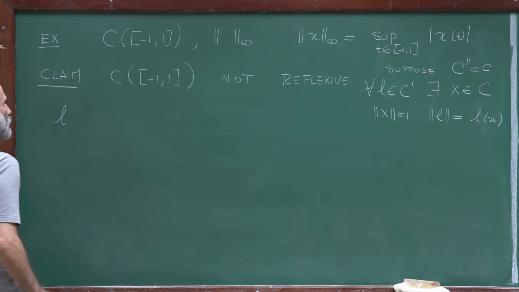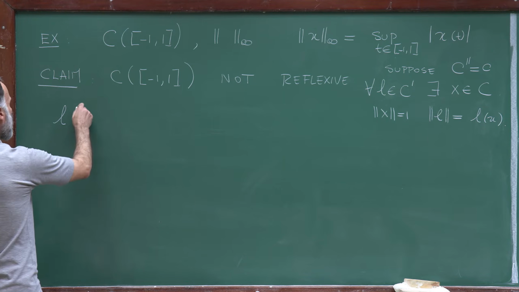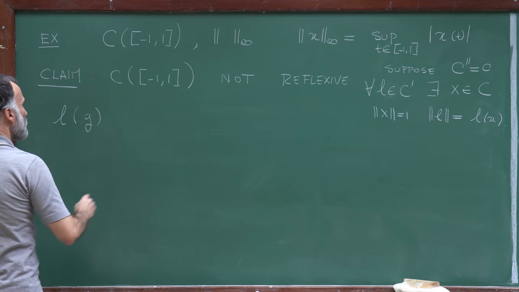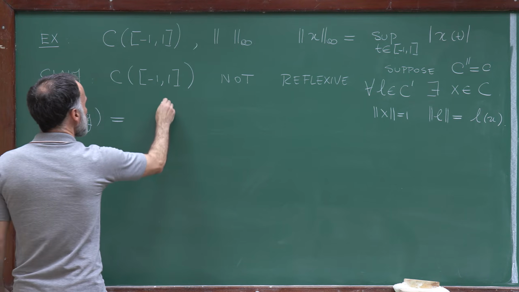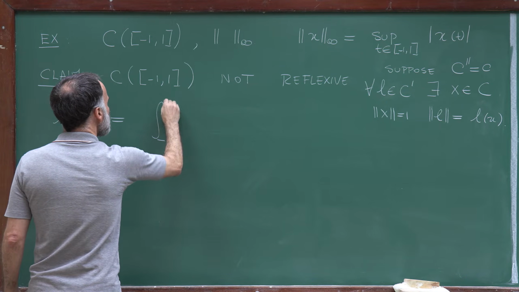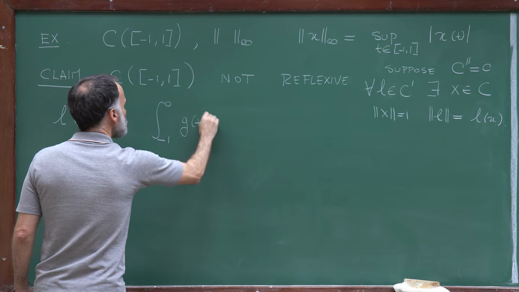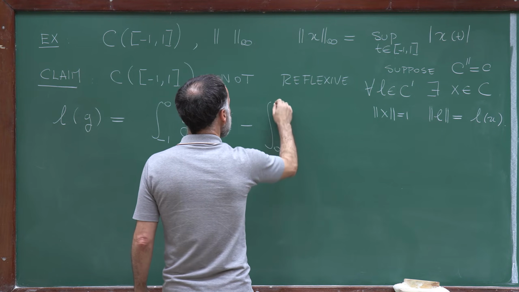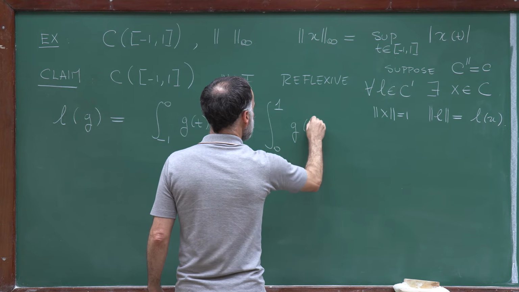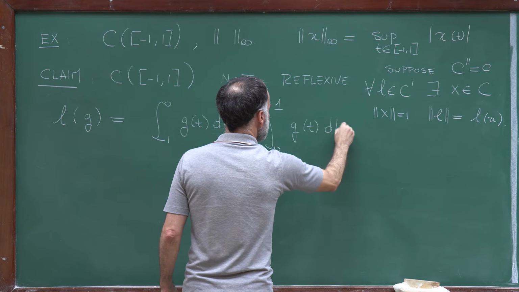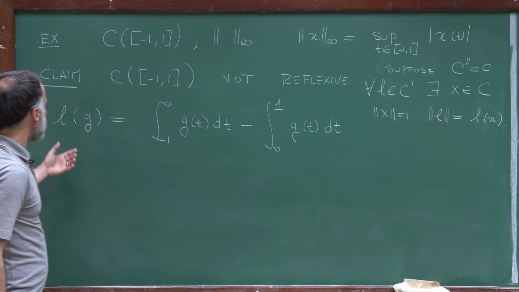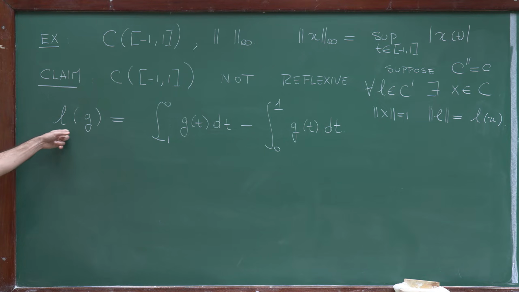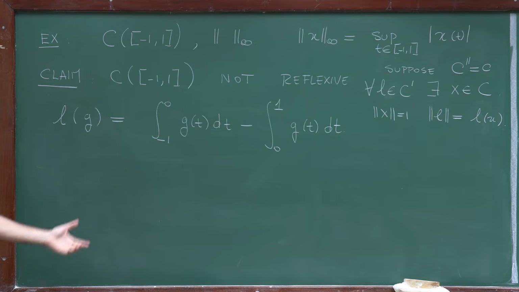So let's consider the following bounded linear functional L, which applied to g is equal to the integral from -1 to 0 of g minus the integral from 0 to 1 of g. It's clear that L is a bounded linear functional, right?